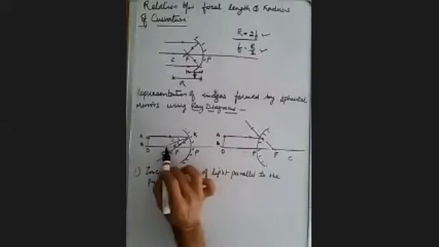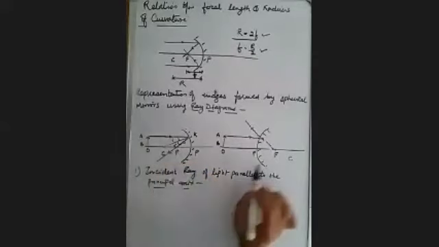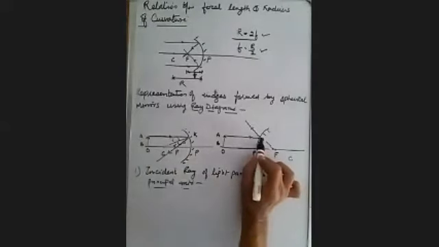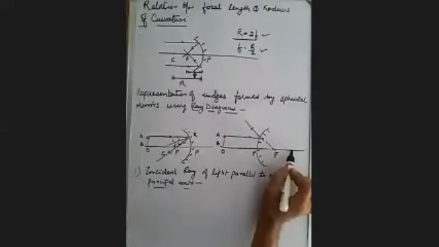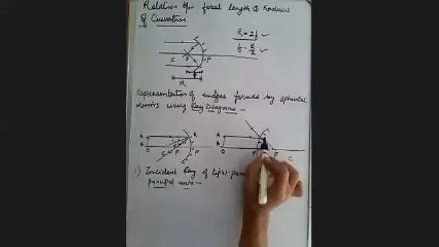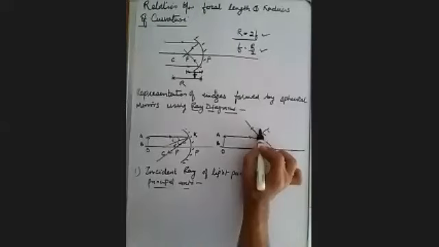You know this point F lies at the midpoint of P and C, the midpoint of the radius of curvature. So this angle is equal to this angle. Similarly, here also the same rule applies. Suppose this point is K, where the ray is incident; join K and C and extend.